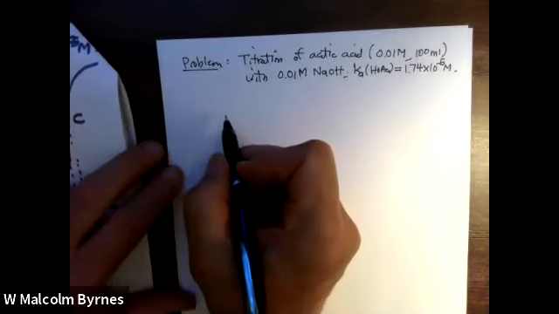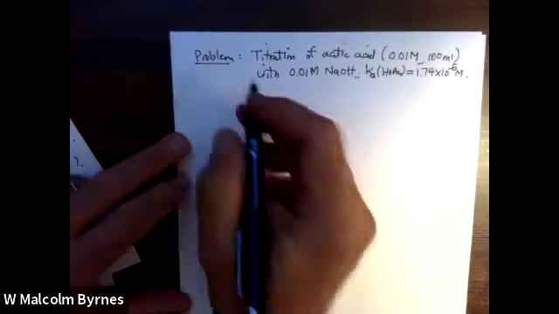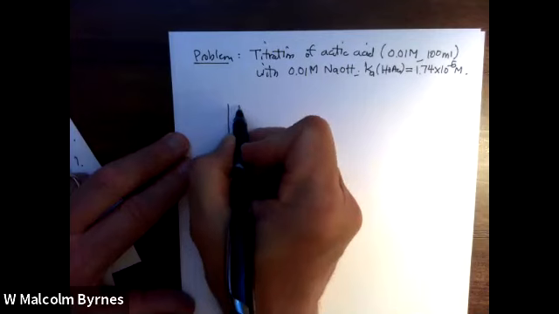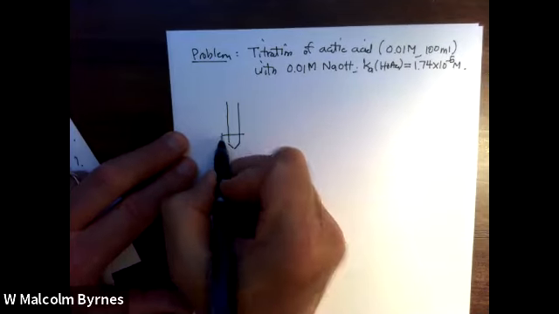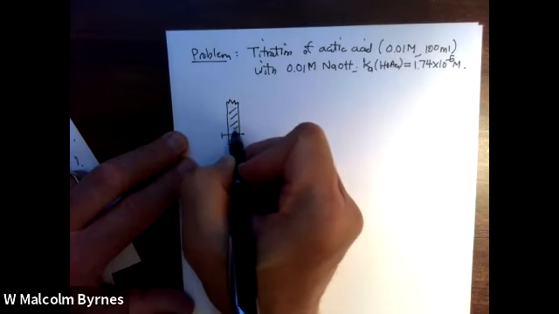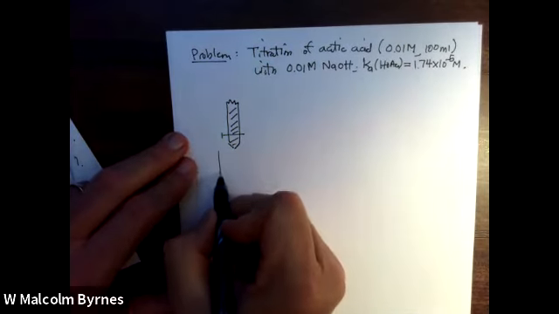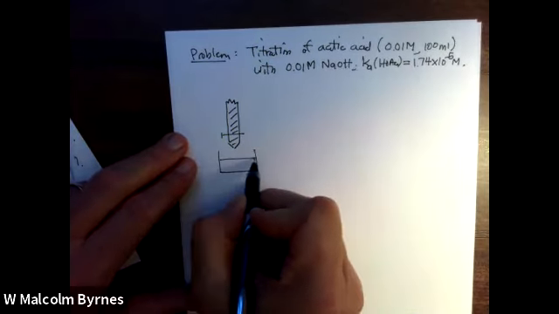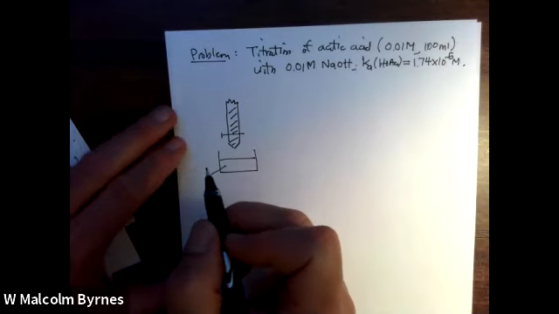So here we have, what are we going to do here? We've got a burette. It's a crude diagram showing a burette with sodium hydroxide in it, and a crude diagram of a beaker with our acetic acid.